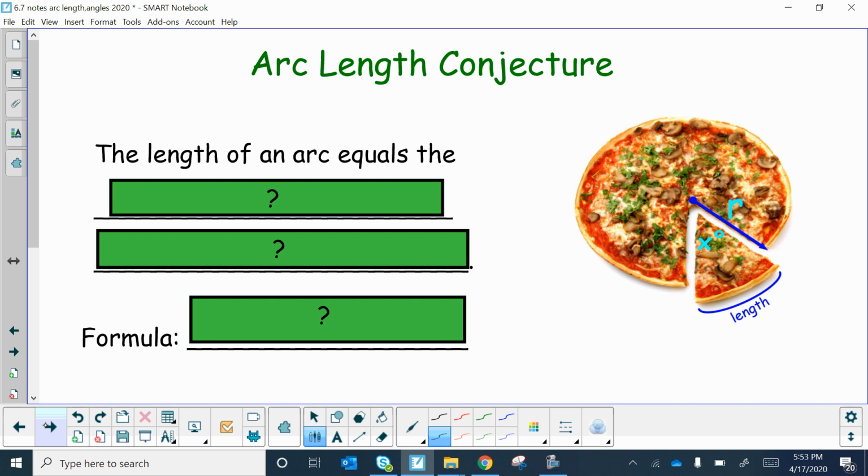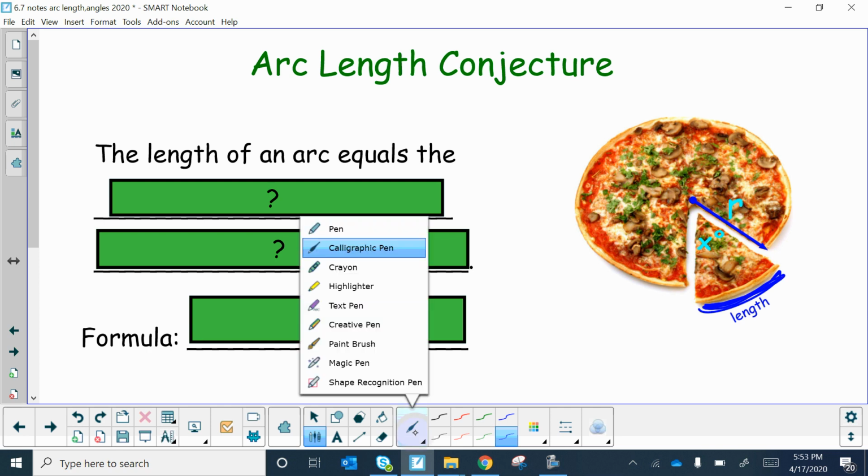So let's look at this pizza right here. If I want to know how long the crust is from there to there, then I would have to use the arc length formula. And it is related to the central angle, which is also the same as the arc.